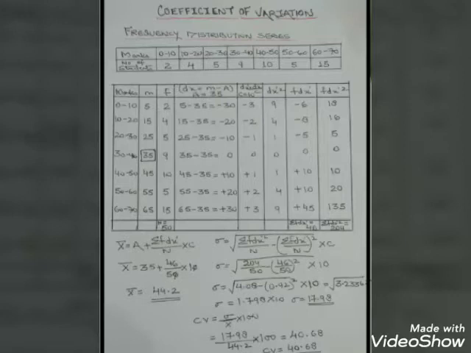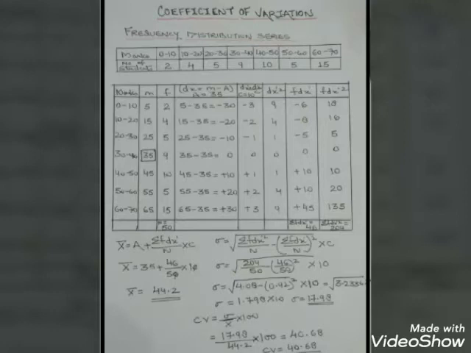So we have noted down the marks as given: 0 to 10, 10 to 20, 20 to 30, 30 to 40, 40 to 50, 50 to 60 and 60 to 70. Now we are supposed to find the mid value, and you know very well how to calculate it, as this is a simple series.